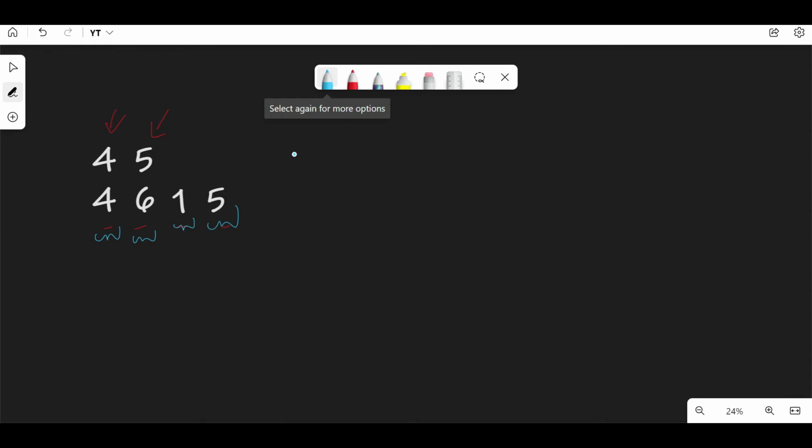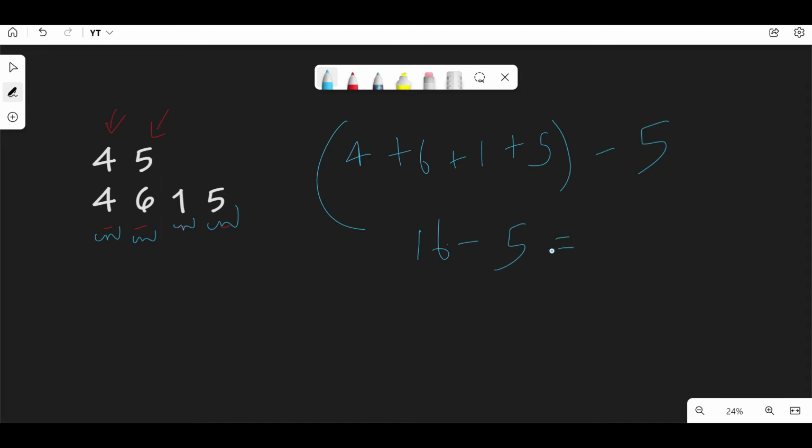That's basically the minimum energy level required, right? So the sum of the energy levels required to reach every seat is 4 plus 6 plus 1 plus 5, so 6, 10, 16, and you subtract the energy level you have, 16 minus 5, which will be equal to 11. That's basically how you find your answer.